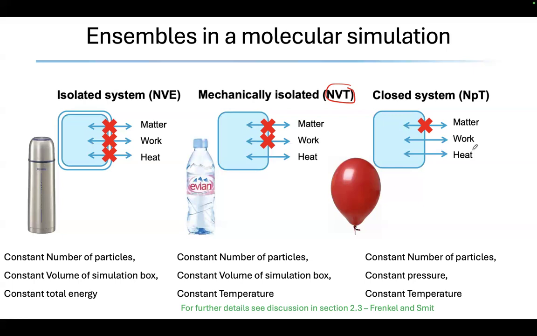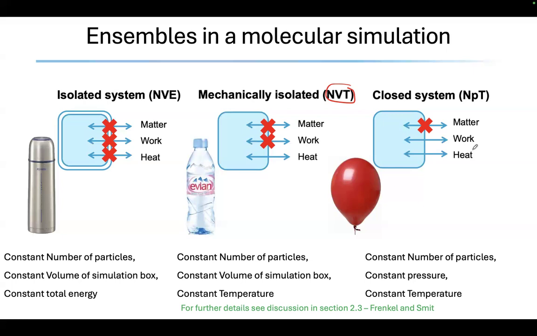The box would fluctuate, increasing or decreasing, ultimately giving you the right densities, because the density is the mass of the simulation box divided by the volume. So in such a case, you would use NPT simulations.